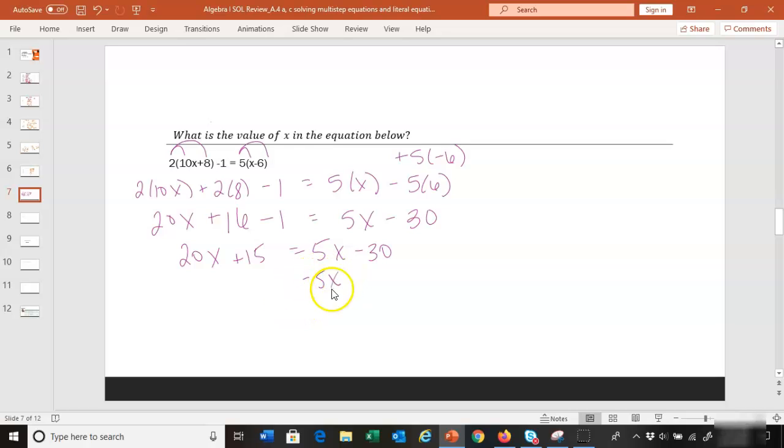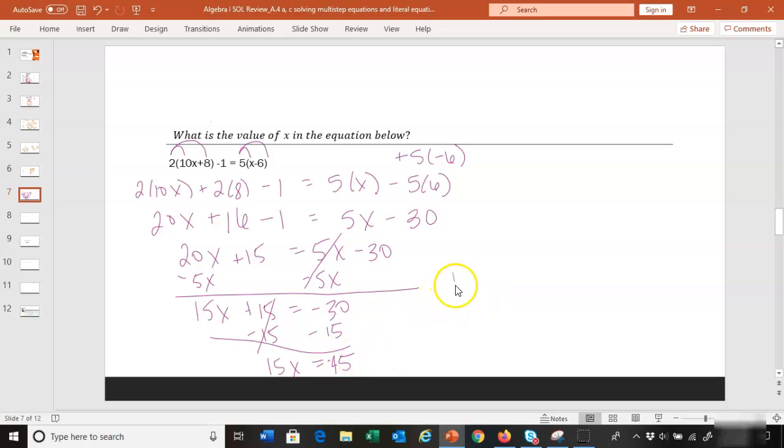So I'm going to get all the x's together. I did minus 5x because that's the opposite of plus 5x. So 15x plus 15 equals -30. And we'll subtract 15. 15x equals -45.